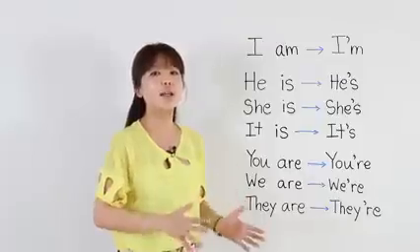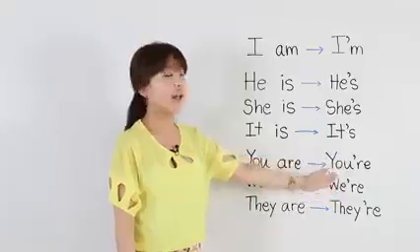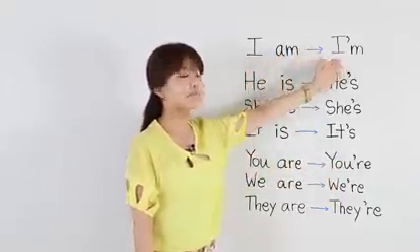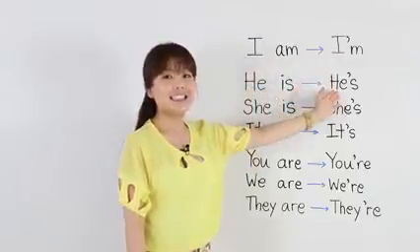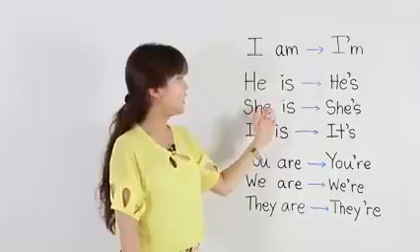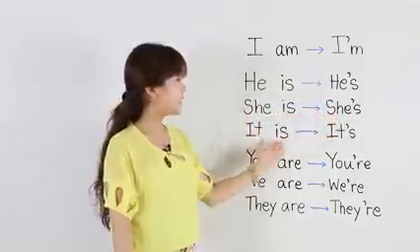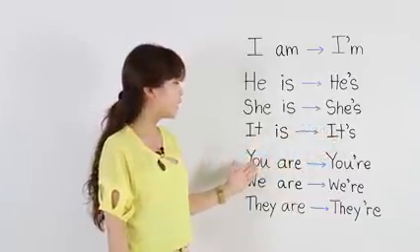Okay, it's more common. I want you to use contractions. Okay, so I am becomes I'm. He is, he's. She is, she's. It is, it's. Okay, let's move on to the bottom.